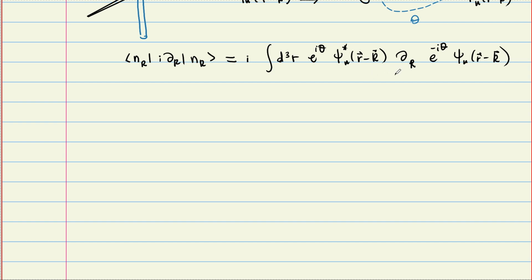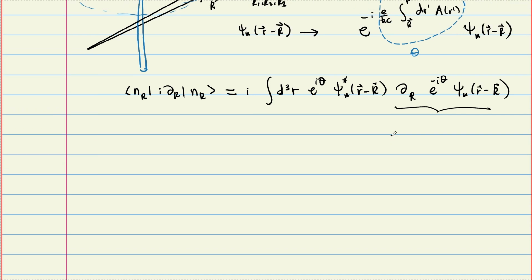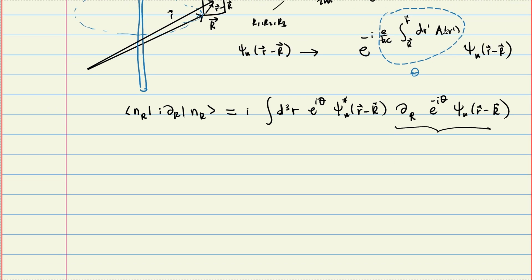This derivative is going to either act on theta, and if it acts on theta, it's going to pick up an A factor, or if it acts on this, it's going to go through theta. So let me write that: e to the minus i theta times (minus i del R theta plus del R) psi n of r minus R, something like that.